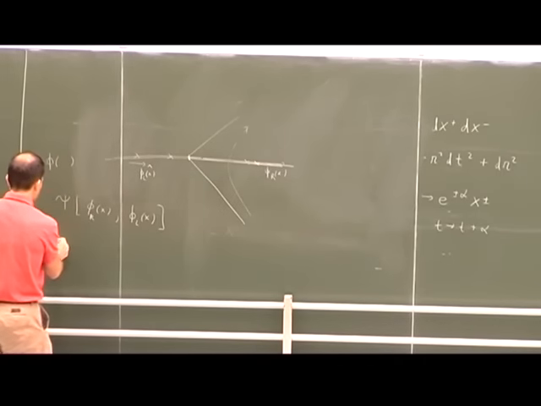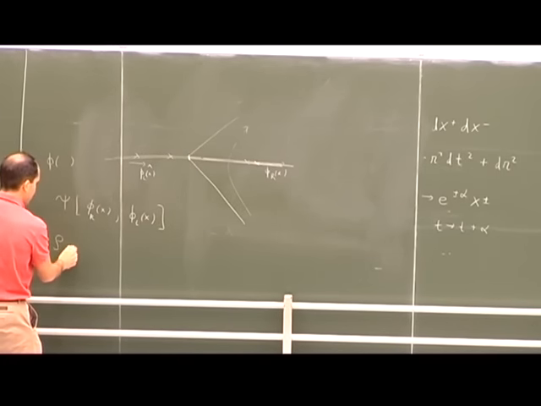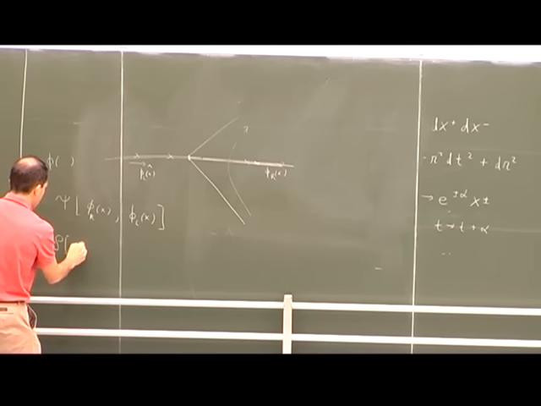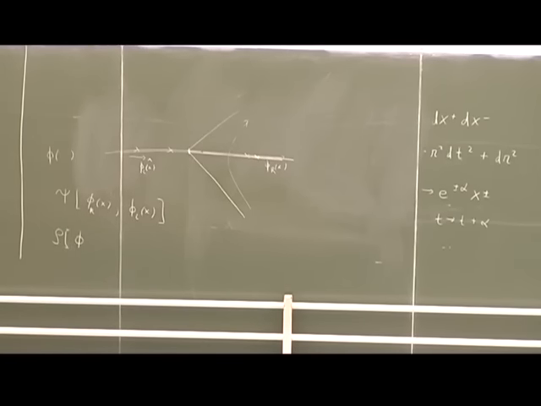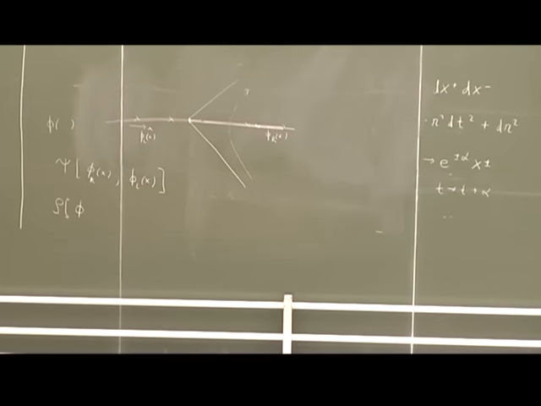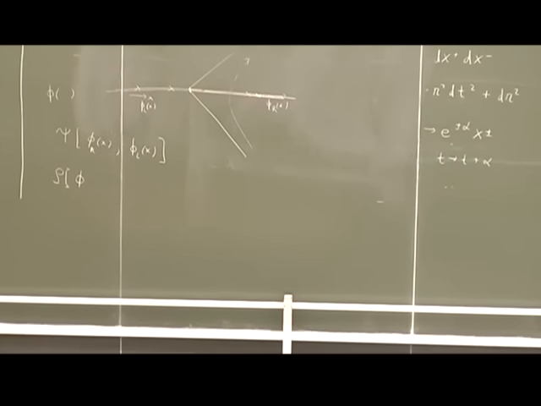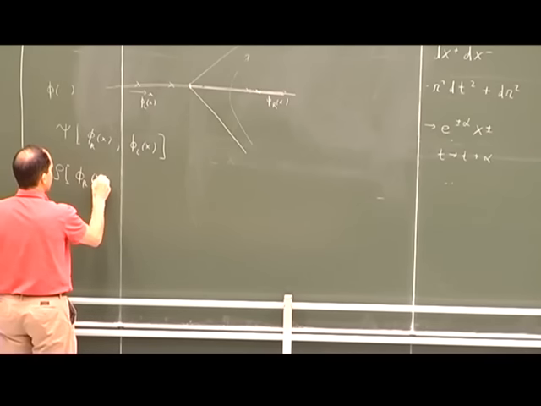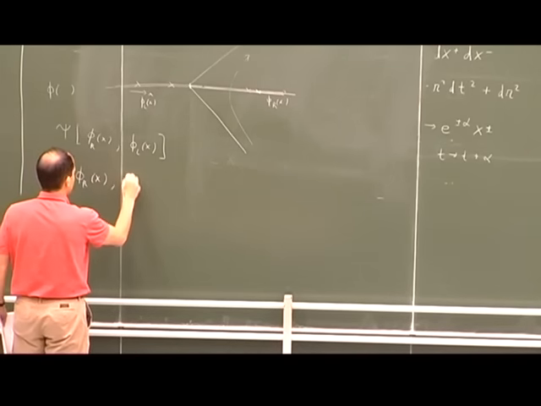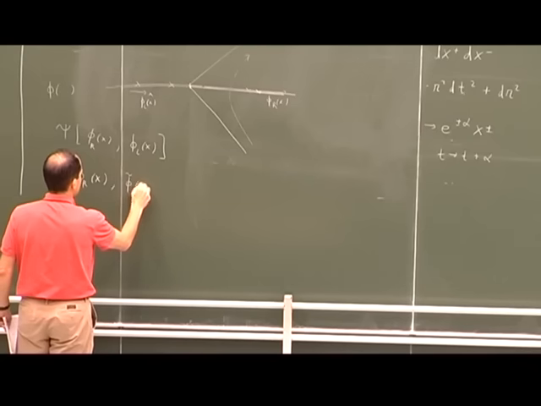And therefore, the results of those measurements will depend on a density matrix, which depends on two functions on the right, phi of x, and a second function, phi tilde of x prime.